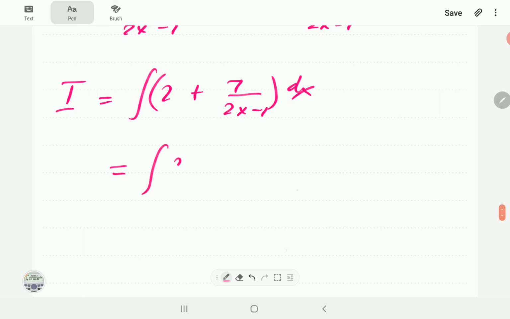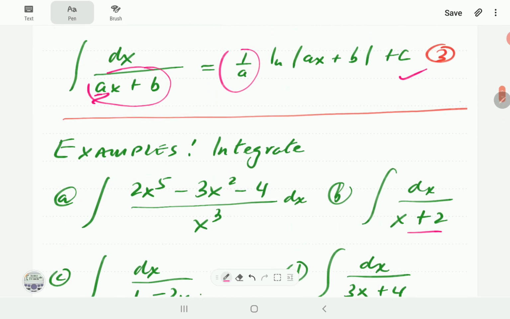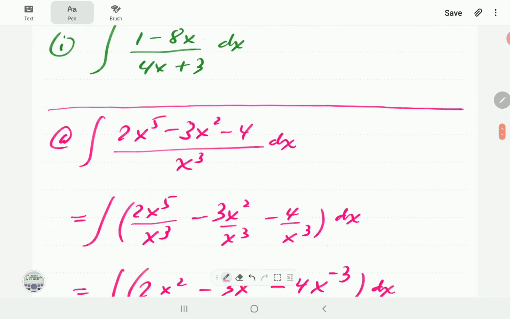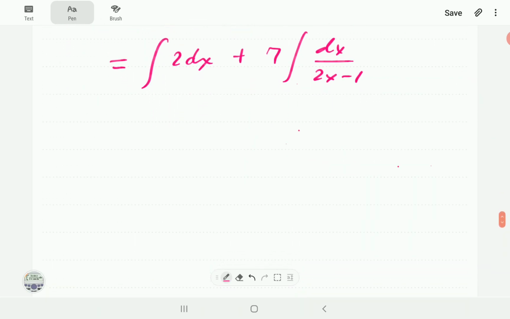So the first one is just going to be the integral of 2 dx, which is this one. And then the second one, if I factor out the 7, is going to be the integral of dx over 2x minus 1. This now can be integrated using our formula number 3 above here. The main thing is what is the term multiplying x.